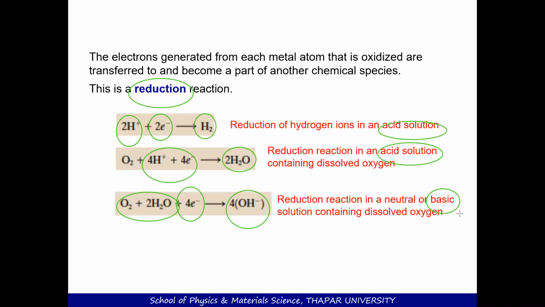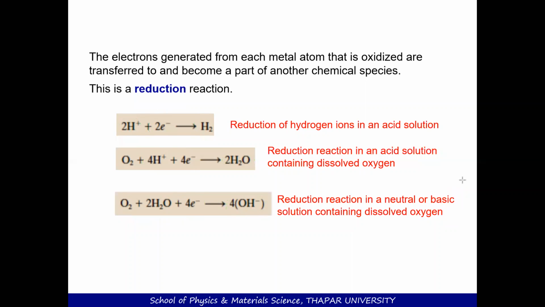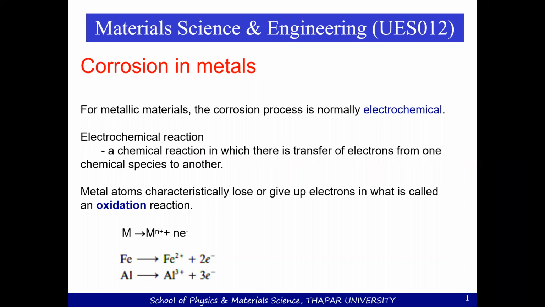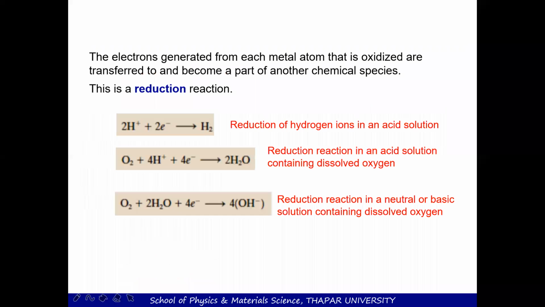So your reduction reaction can take place in an acidic environment or in a basic environment. So overall, if somebody asks what is an electrochemical reaction, your answer would be: an electrochemical reaction is nothing but an oxidation reduction reaction where a metal species undergoes an oxidation reaction and a surrounding H plus ion will undergo a reduction reaction in the acidic condition or in the basic condition.